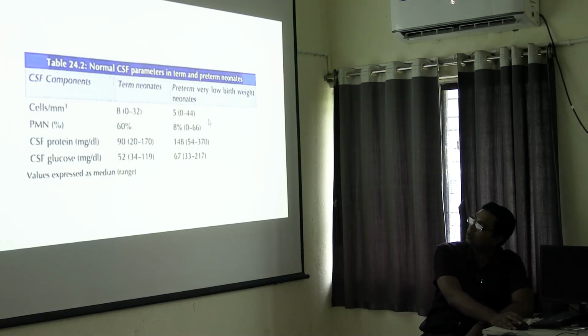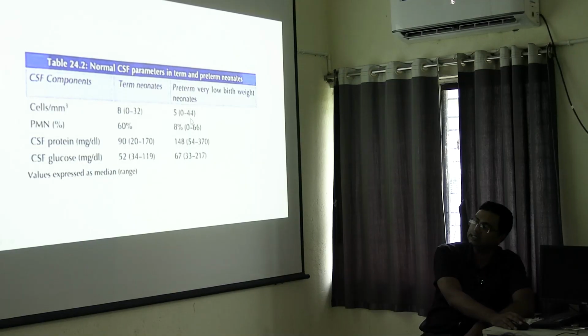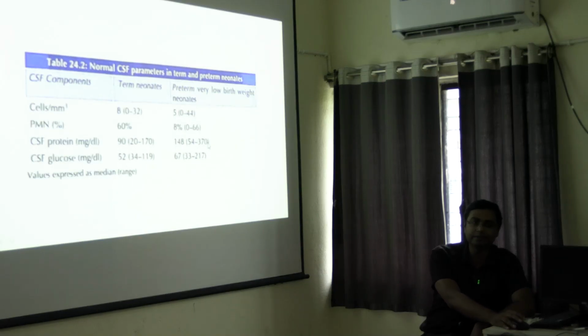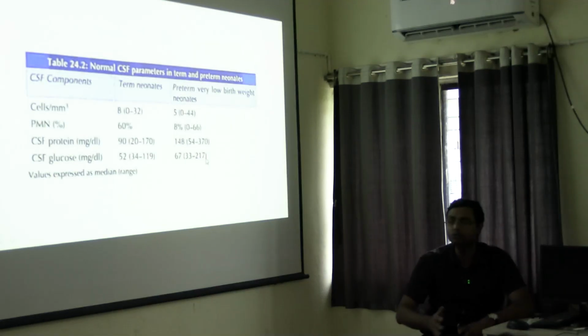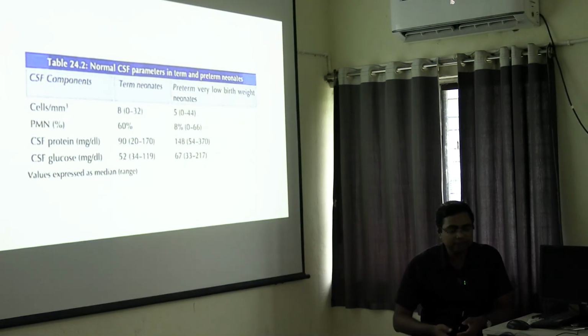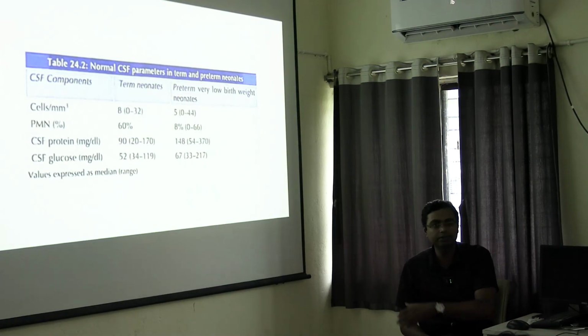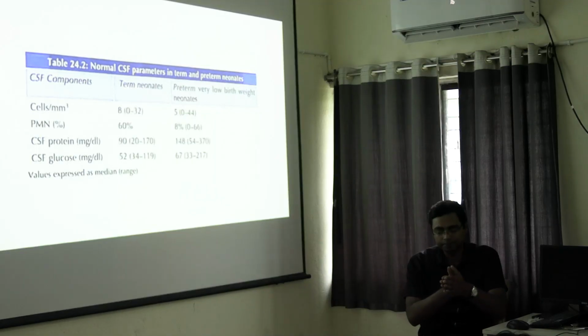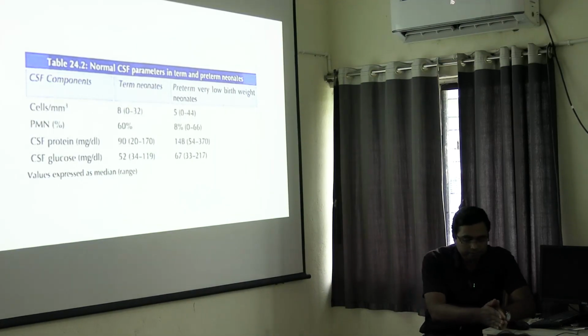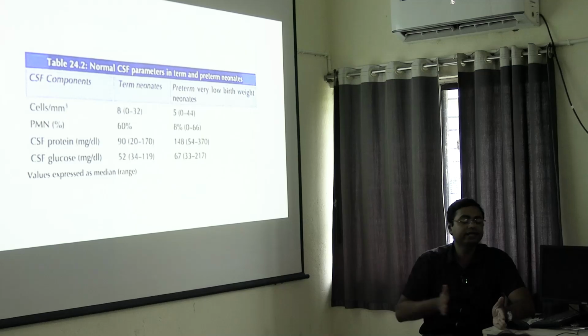Now look at preterm neonates, the values are even wider. 0 to 44 cells is normal, polymorphs 0 to 66 is normal, protein up to 370 is normal, CSF glucose up to 217 is normal, meaning a huge range. So in newborns, especially in preterm newborns, the normal range is very wide.